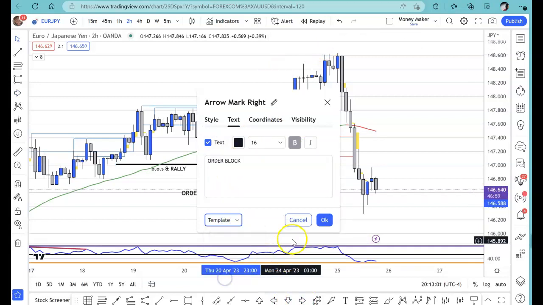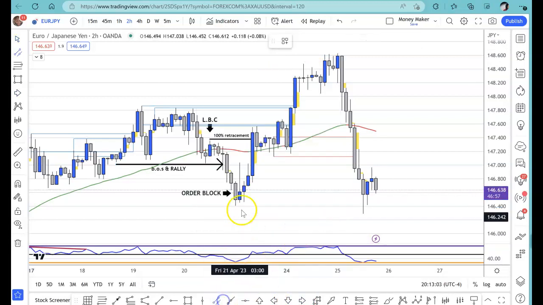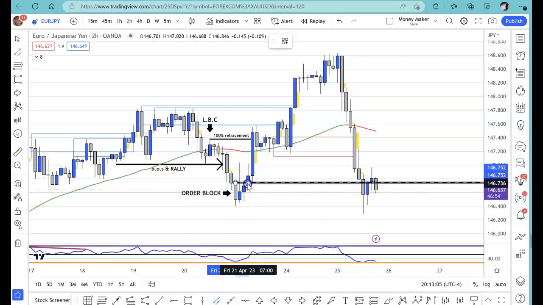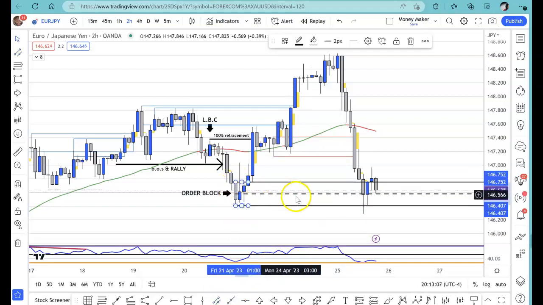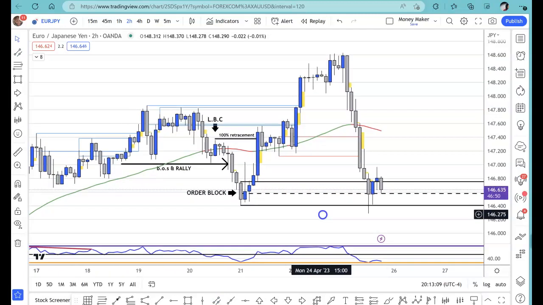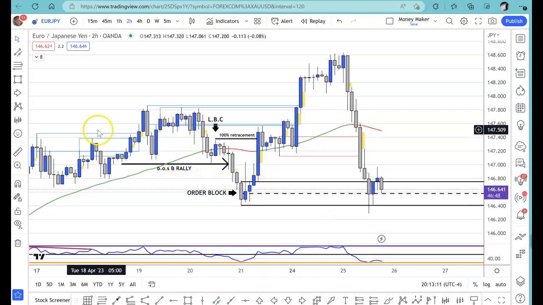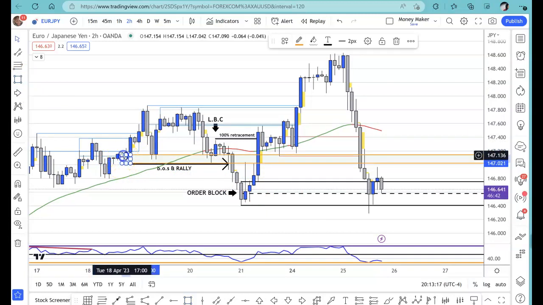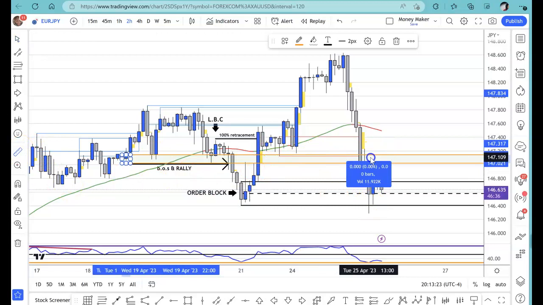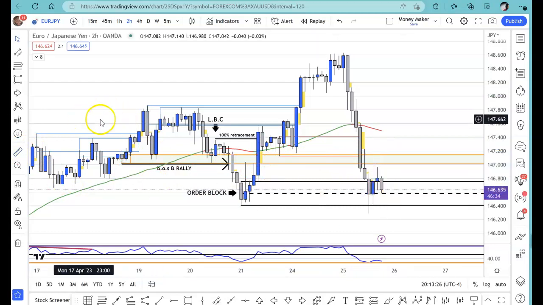Really what I'm waiting for is the market to get back in the zone to look for a buy opportunity. I should only be taking buys in this zone, and that's going to help me reduce my drawdown. Had I decided to use this area where the market had broken below initially, I would have been in so much drawdown from this area all the way down for the buy.